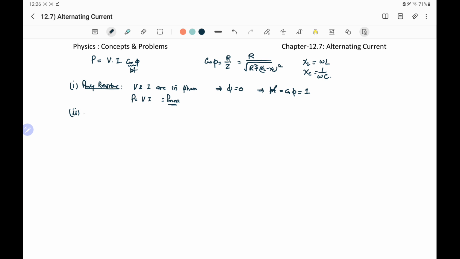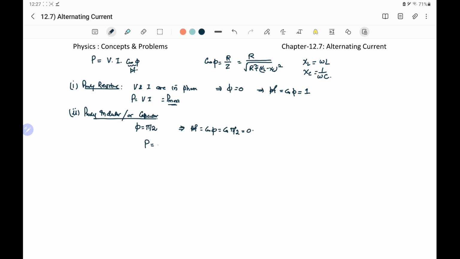The second case is when the circuit contains purely an inductor or capacitor. In this case, the phase angle will be pi by 2 in case of a pure inductor or pure capacitor. So this implies that the power factor cos phi will be equal to cos pi by 2, which is 0.